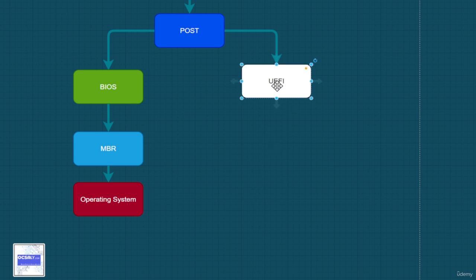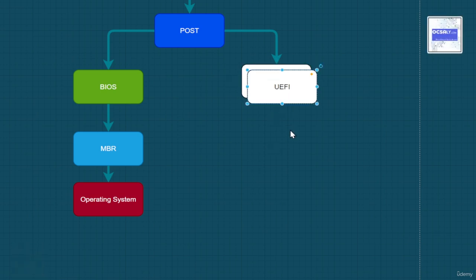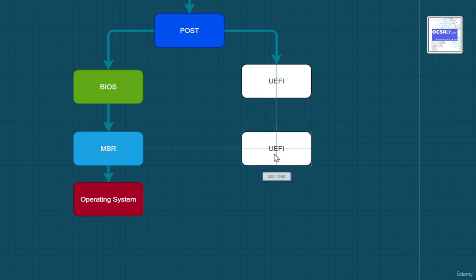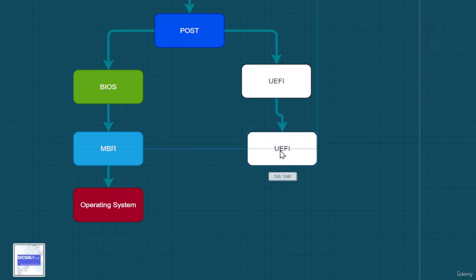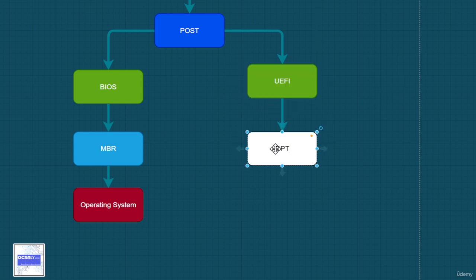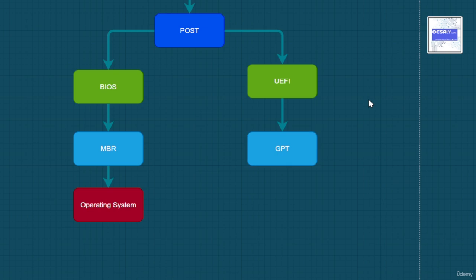Let's create a new one here. If I look for the GPT, GPT will have a protective MBR to ensure legacy systems will not mistakenly read this as a non-partitioned disk and then overwrite the data.